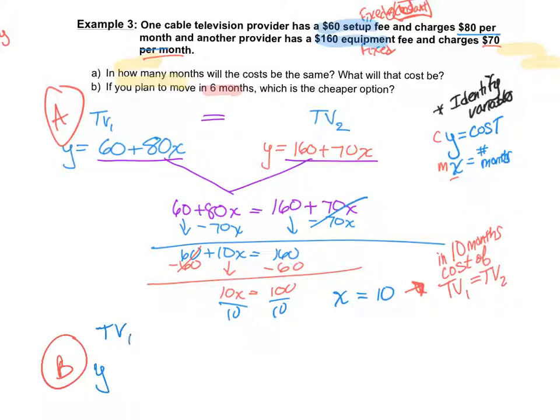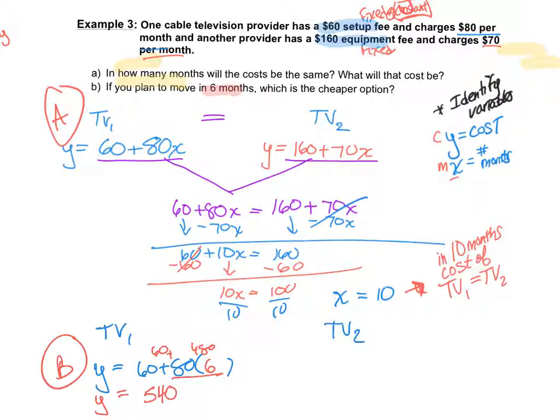Well, the cost is going to be 60 plus 80 times the 6 months. That's going to give me 480 plus 60, which is $540. y is going to equal 540 at TV Company 1.